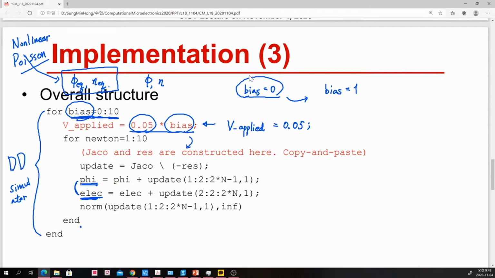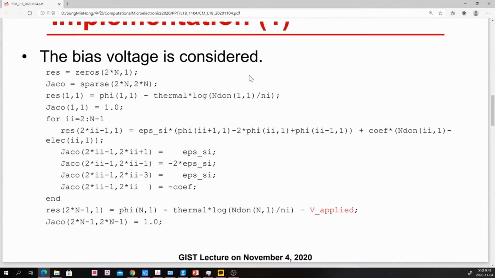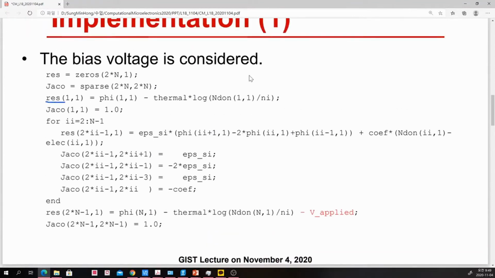And let's go to the Newton loop. In this case, we are starting from the equilibrium potential and equilibrium electron density, and we construct a Jacobian matrix and residue. Of course, this residue will have highly non-zero values at the Poisson equation. All other residue, for example this one or that one, will be satisfied because previously we had already made the solution.